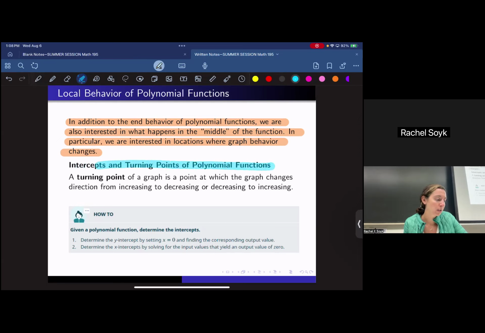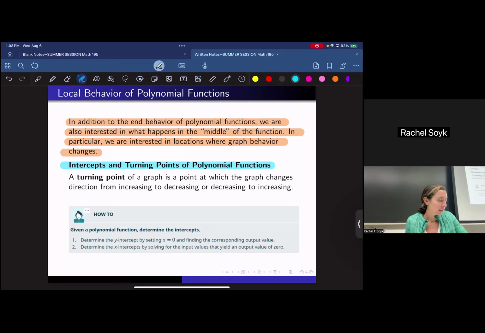It's also important to understand our intercepts, especially our x-intercepts, because that's where your graph is going from negative to positive in the y direction, or vice versa, positive to negative.